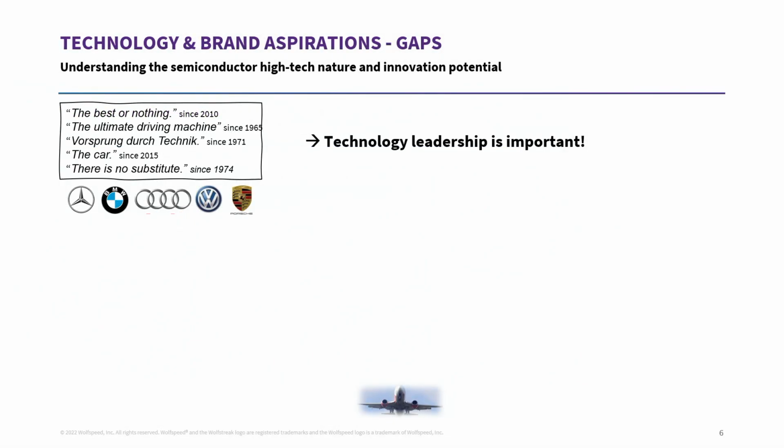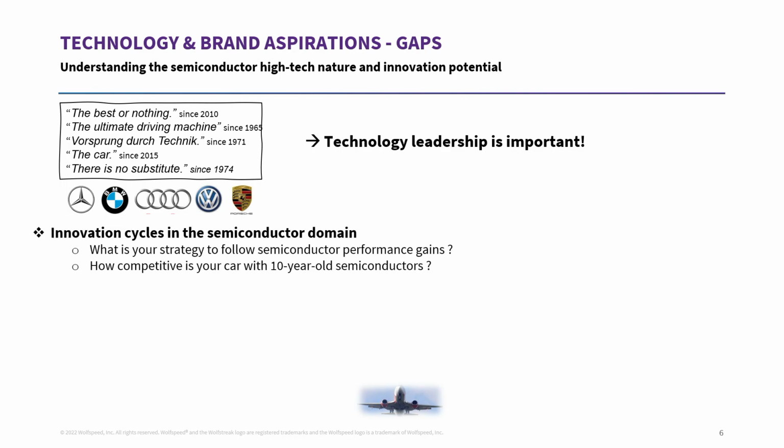Another gap in the industry is the technology. Of course, if you want to be a leader, you have to look into new technologies like GaN and silicon carbide, in the entire car, not only the drivetrain, also all the high voltage to low voltage conversion, which means you have to look into new technology. You have to make sure that you also use the technology.